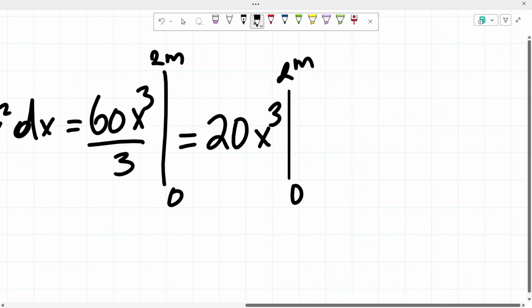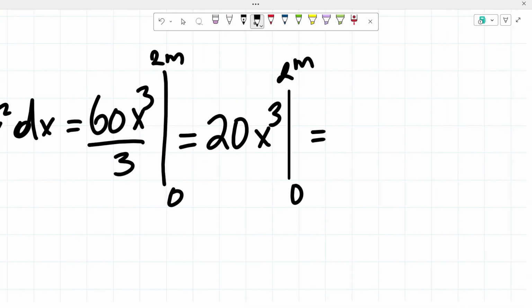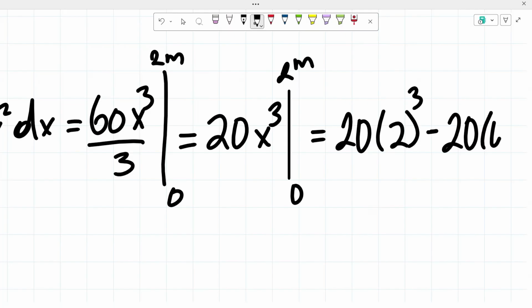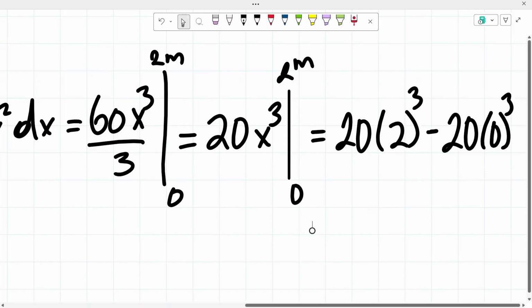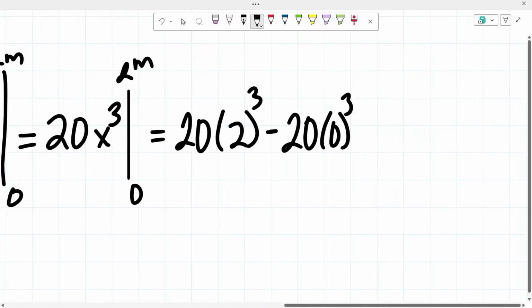Then if you solve for that, you would end up getting 20 times 2 meters cubed, minus the second part, which is basically just 0. You end up getting that your magnitude is equal to 160 newtons.